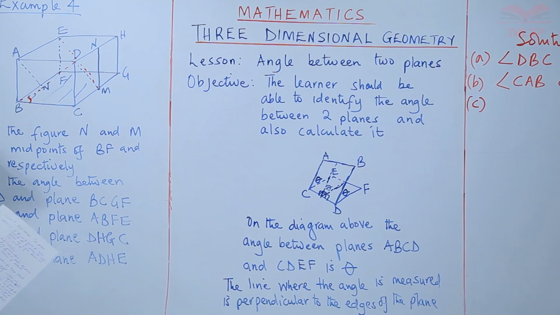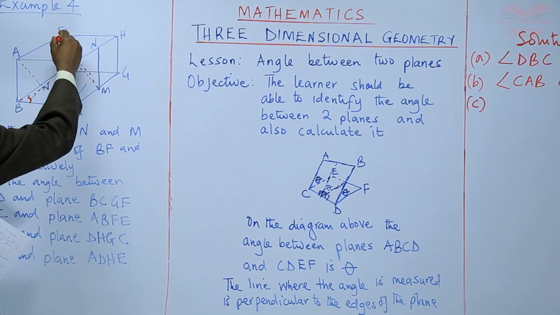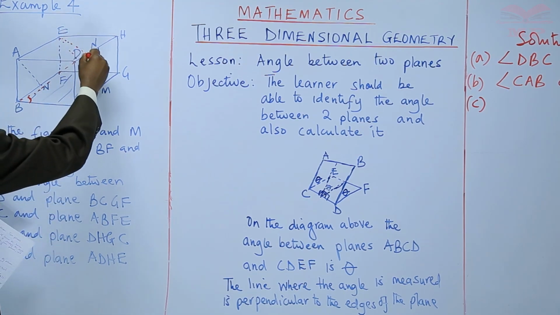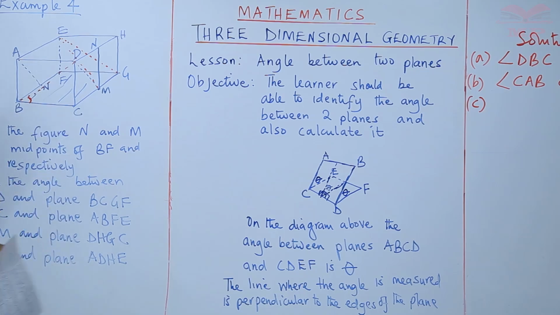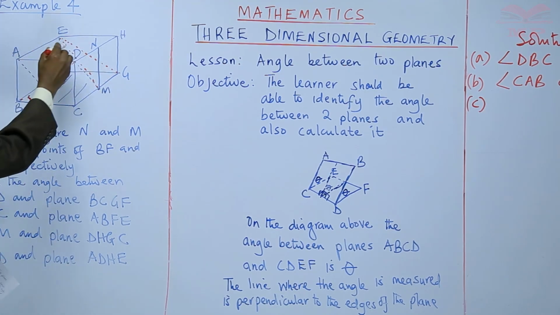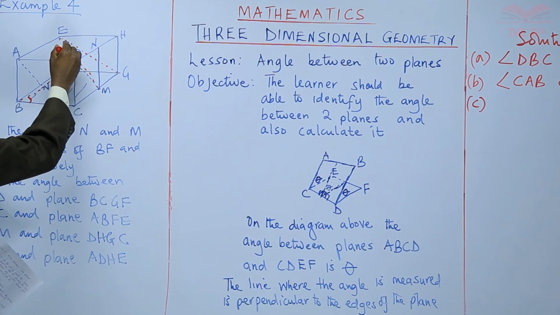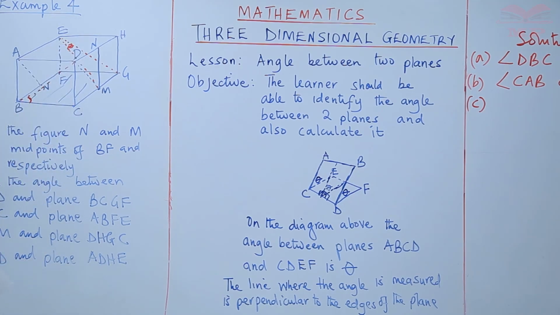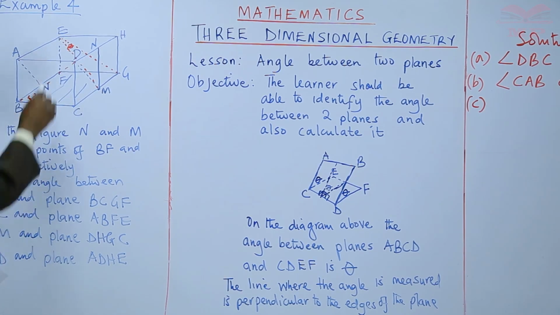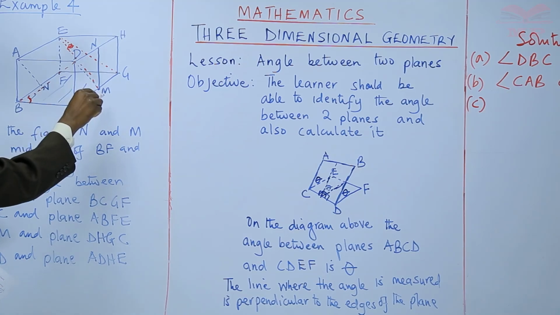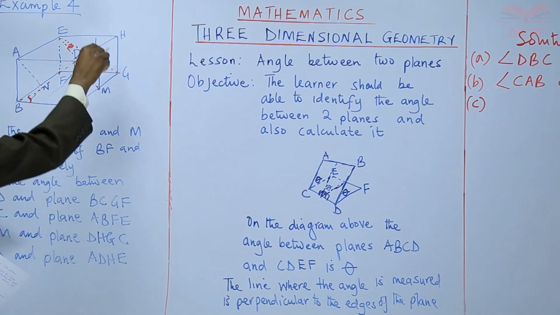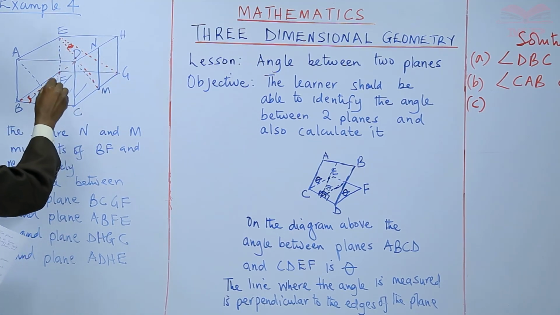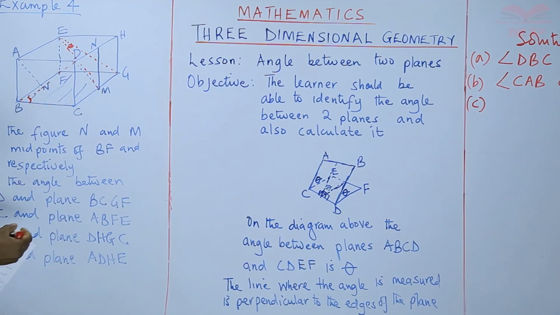The way that angle is moving, you will be forced also to slant this, because it will be at that plane. So they are talking of the angle between EM and plane DHGC. So you look at angle EMG.